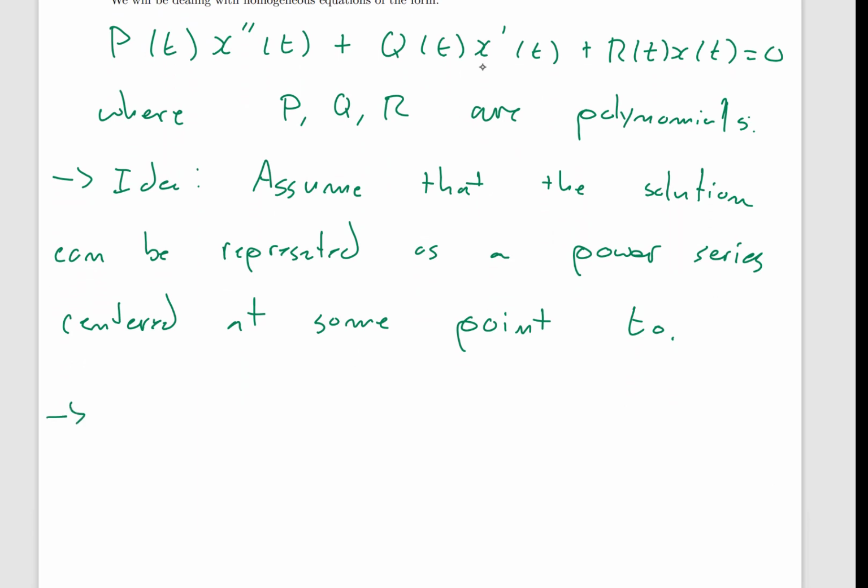Okay, but to do this, there's a couple of technical aspects we need to deal with. So first of all, observe if p of t naught is equal to 0, then at that point, the equation is really more like a first order equation.